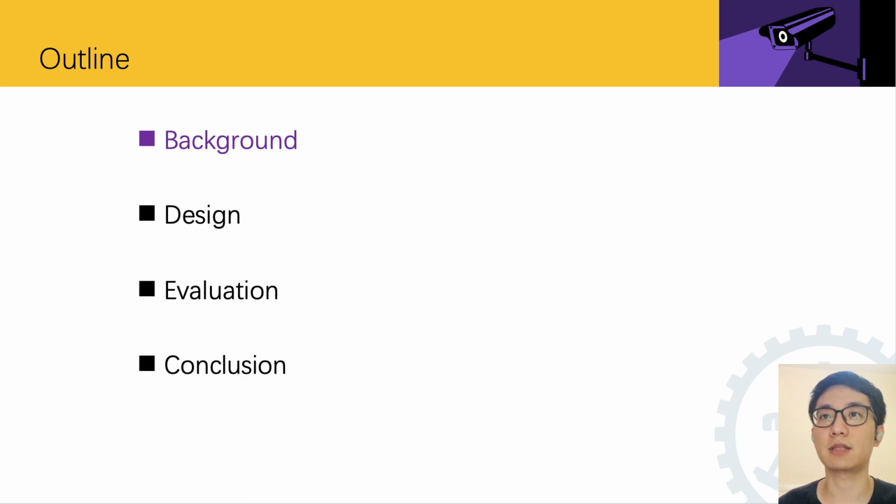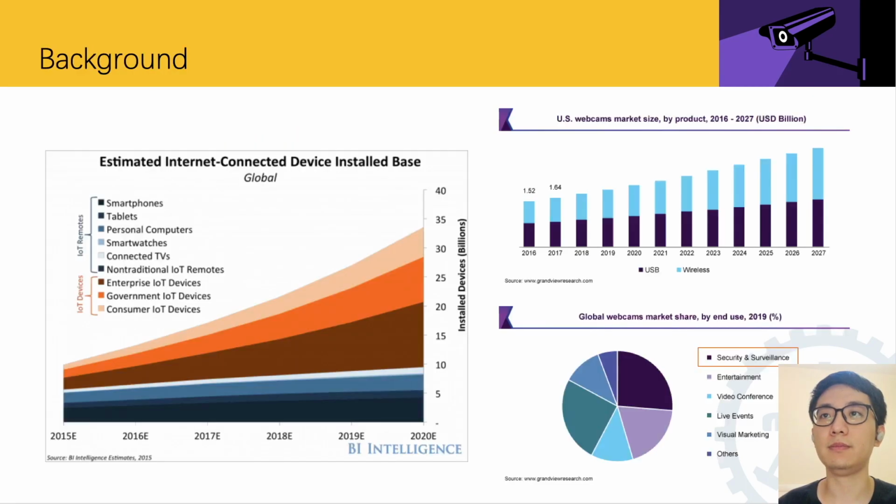First, let's start with the background. From related research, we can easily find that with the development and popularization of IoT devices, the market size of video surveillance equipment is steadily increasing, and a large part of them are used for security and surveillance purposes.